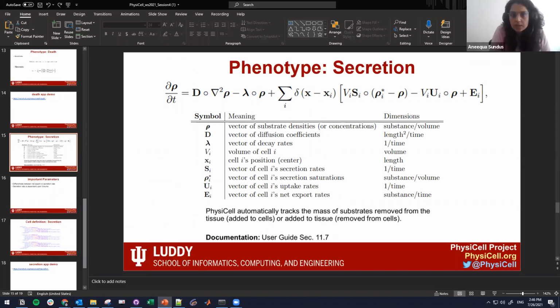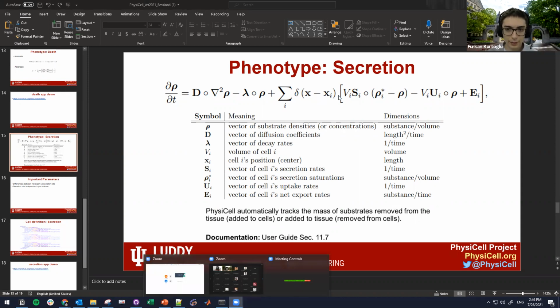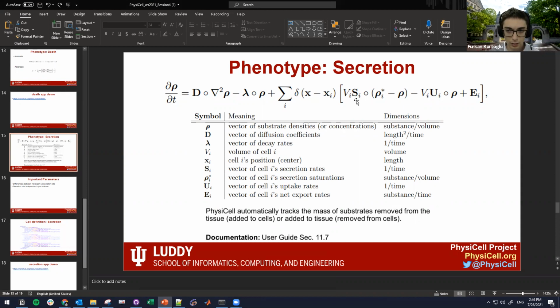Another question: are the cells point sources, a delta distribution, in your equation? The delta distribution is just looking for the index of the cell, and then it is either 1 or 0.